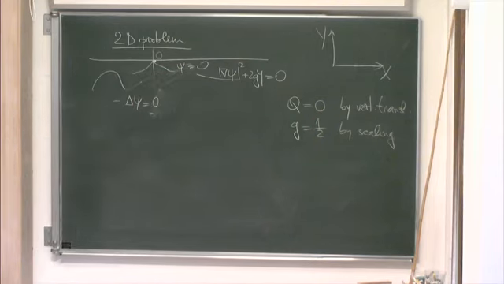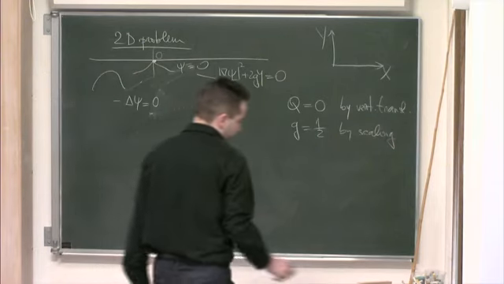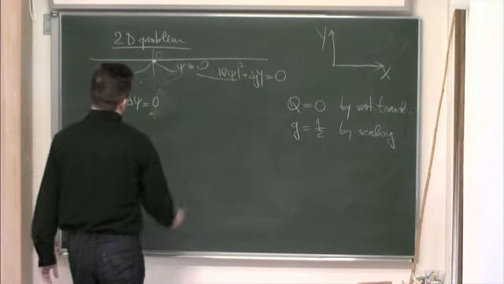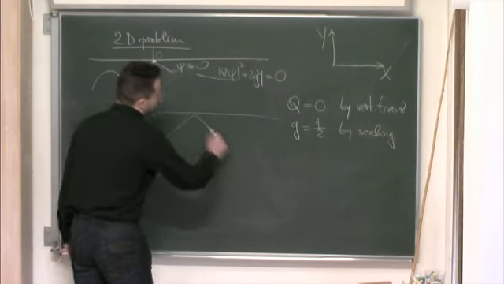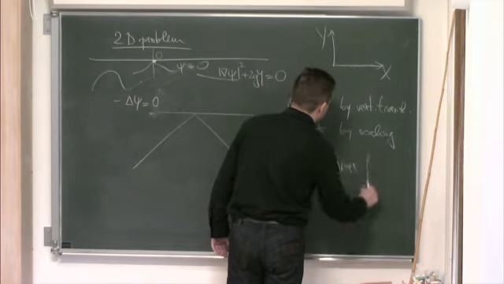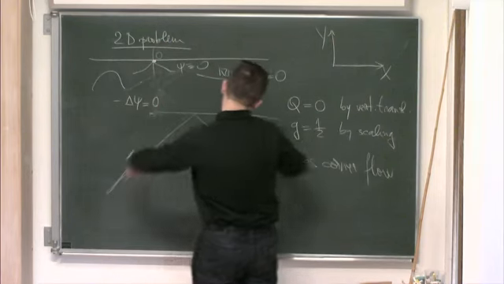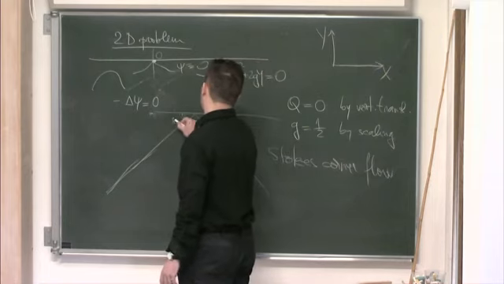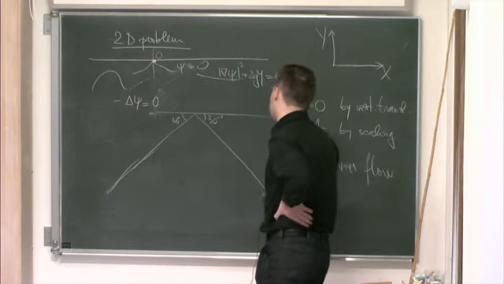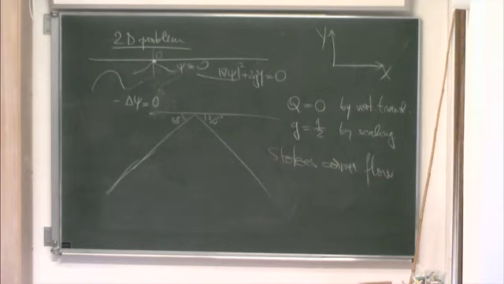But an easier way to see why this result should be true is that this problem has an explicit solution, which is called Stokes corner flow, where the fluid domain is a wedge, making a symmetric angle of 120 degrees, and the function is exactly what I wrote on the above line.